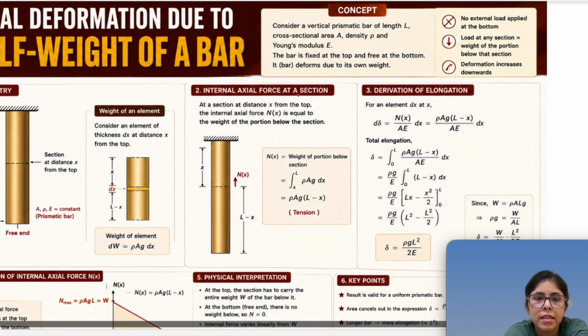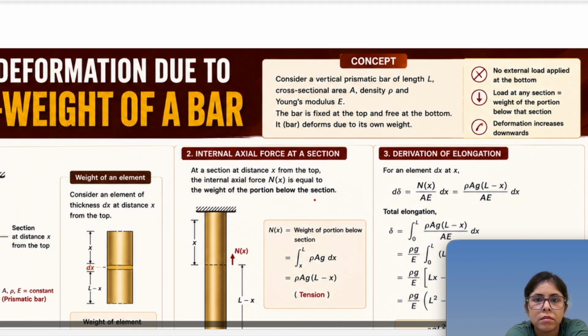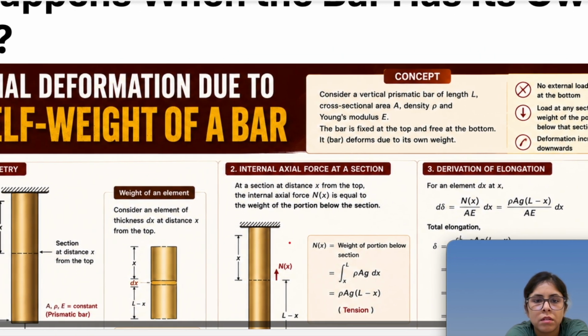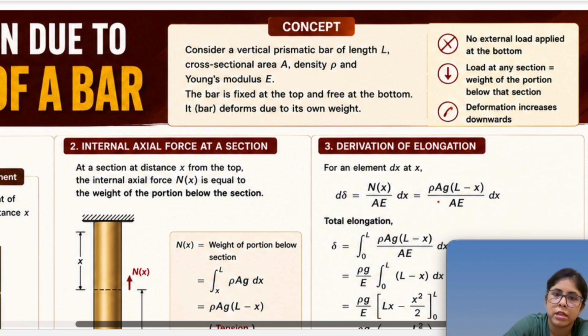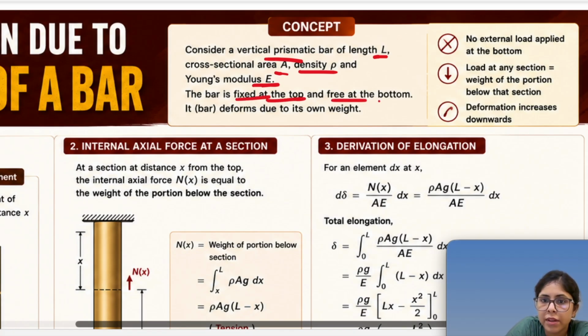So can we see that? Axial deformation due to self weight of a bar. We have a vertical prismatic bar of length L, cross sectional area A, density rho, and Young's modulus E. Now the bar is fixed at top and free at the bottom.